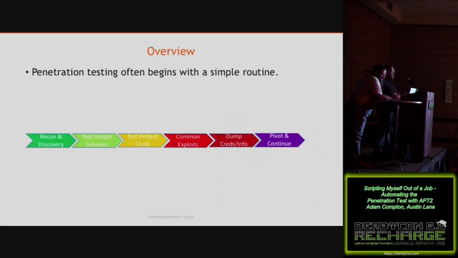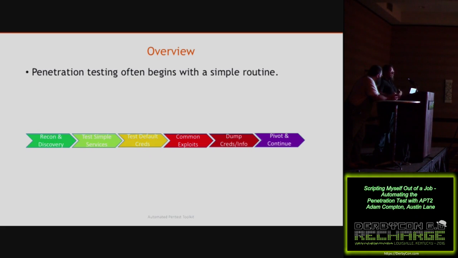So, like we said, today we're talking about automation of pen testing and our tool, the automated pen testing toolkit. In our experience as pen testers, most tests go through a routine. There's recon and discovery, finding out what's on the network. Then testing simple services: things you do for FTP, SMB, NetBIOS.